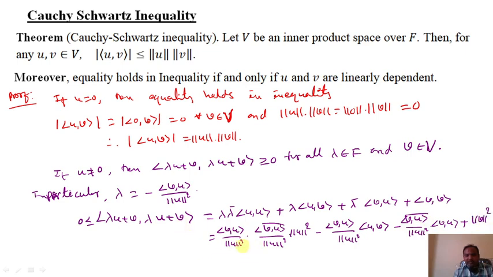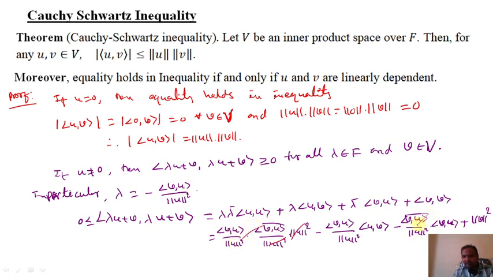Now observe here, norm u squared cancels, so ⟨v, u⟩ and its conjugate cancel in this term.